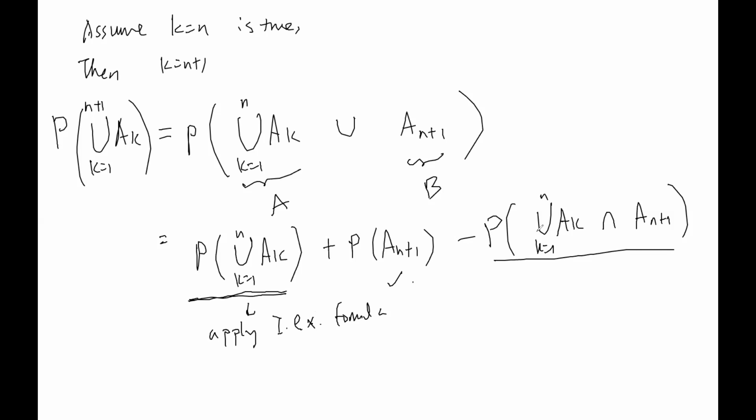And then again for this part, you have to see what this actually means. You have A1 union A2 union until An, then you intersect A n plus 1. So this is equal to A1 intersect A n plus 1, then union A2 intersect A n plus 1, and so on.